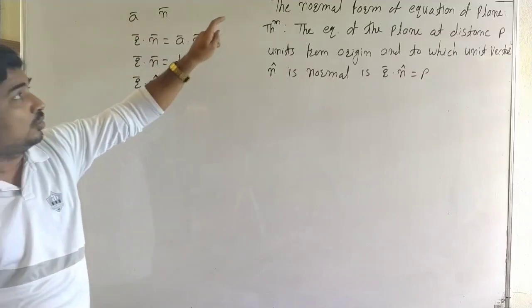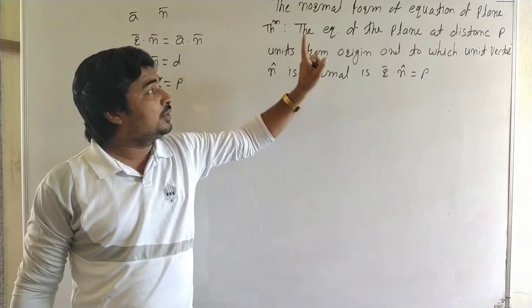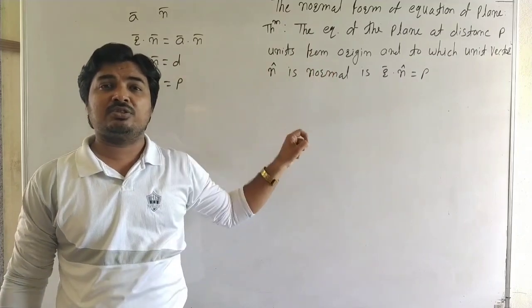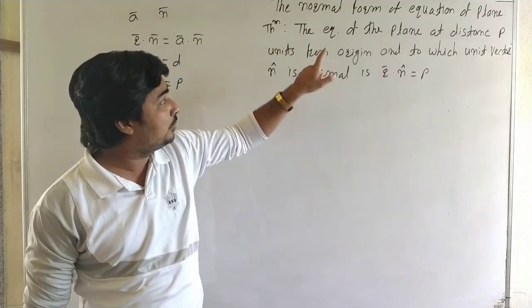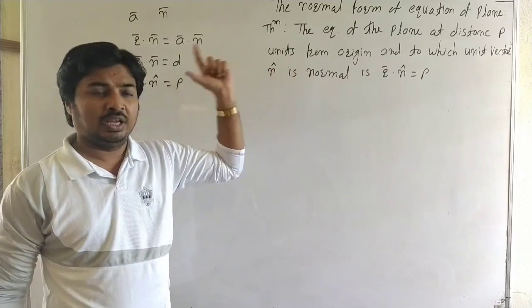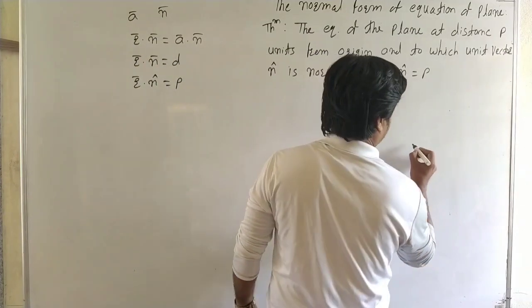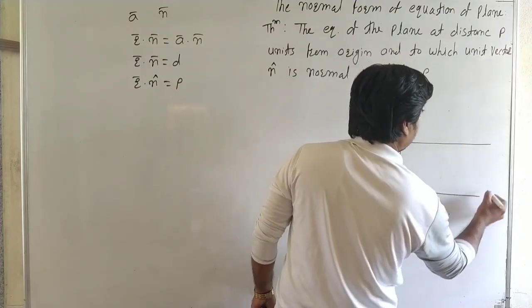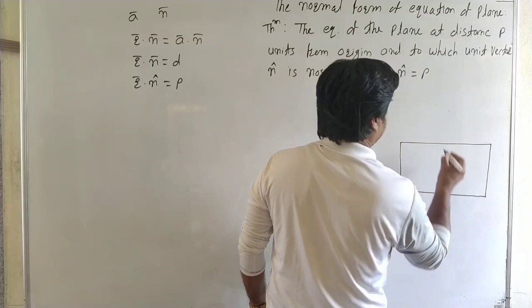So, to find the vector equation of a plane at a distance of p units from the origin, with unit normal n cap, we consider a plane. It is one plane, and then it has a normal.